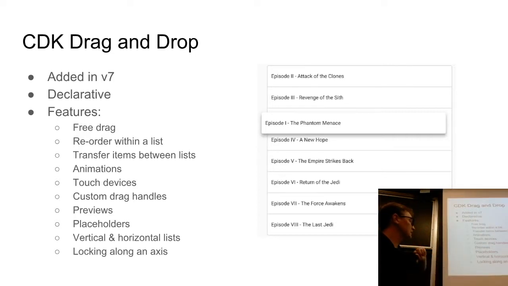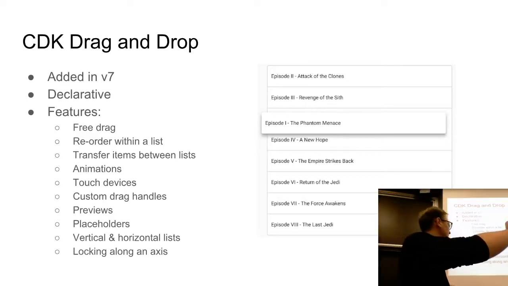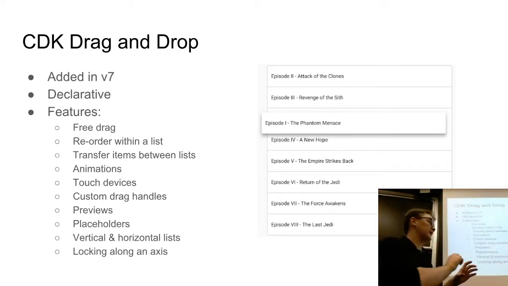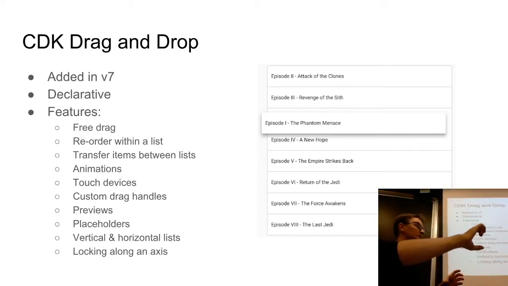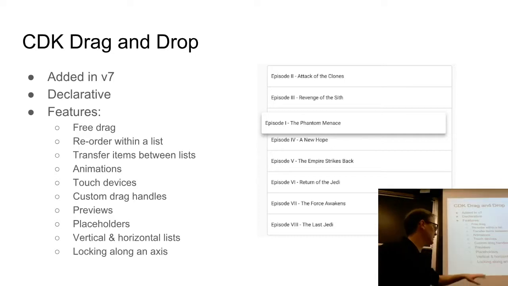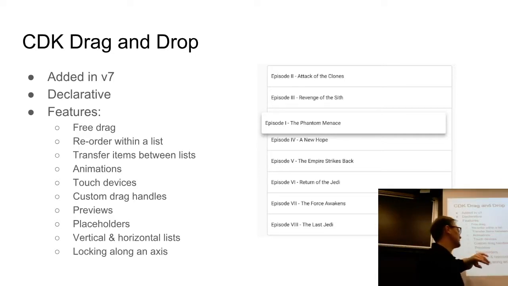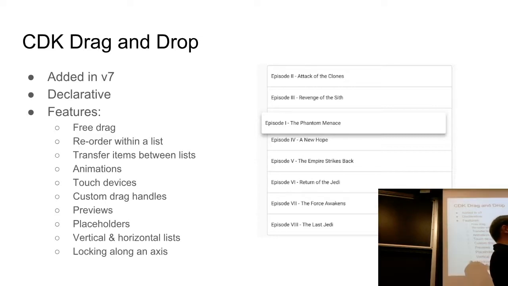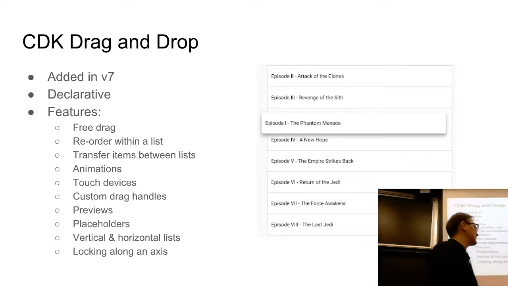Previews, so this is where you're dragging the item out of a list. It will actually copy the item that you're dragging, and the new item that's under the cursor is the preview. Placeholders, these are the items that stay in the original list or appear in the new list when you hover over it, and we'll see that later.